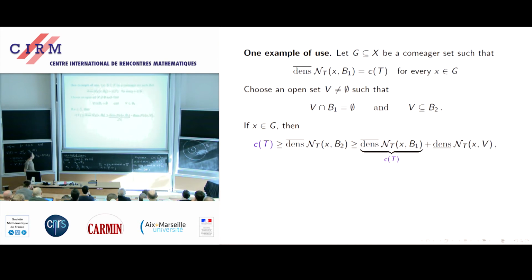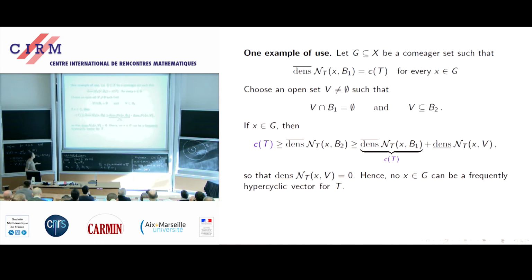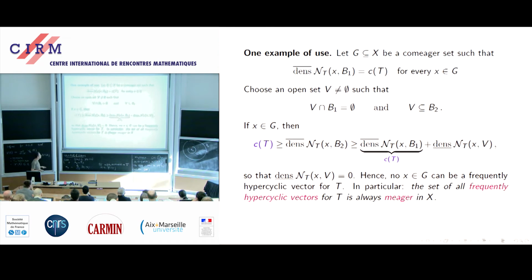So the only possibility is that the lower density of N_T of x, V is 0, for any V. So this means that no vector x in this co-Omega set can be a frequently HC vector for T. And so in particular, the set of all frequently HC vectors is always meager in the space, which is in complete contrast with the fact that the set of points with dense orbit is co-meager, actually a dense G delta.